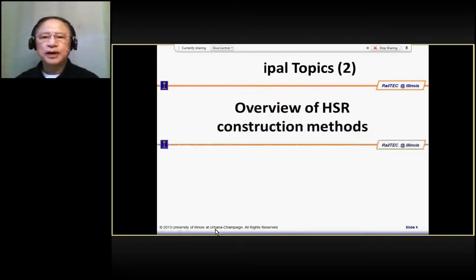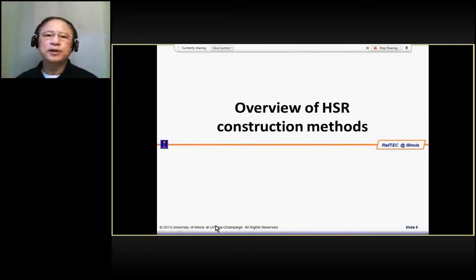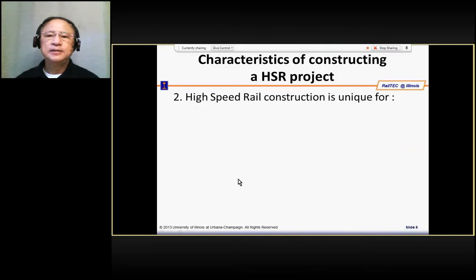Our topic today is the first one of the previous slide, which is the overview of the high-speed rail construction methods. In this one, we talk about the high-speed rail construction, how to construct a high-speed rail system.